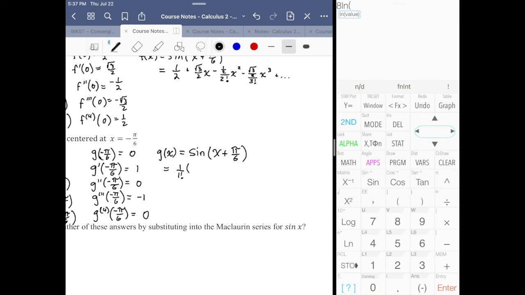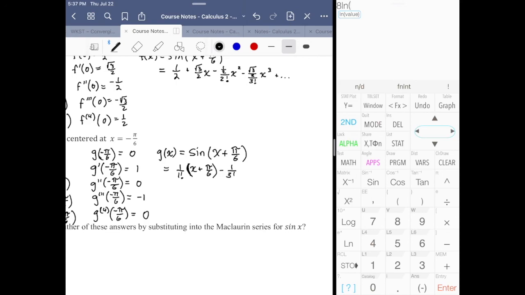Now it's centered around x equals negative pi over 6, so x plus pi over 6 to the first power. Then, at the second derivative, it's going to go to 0, so that's our 2 factorial.